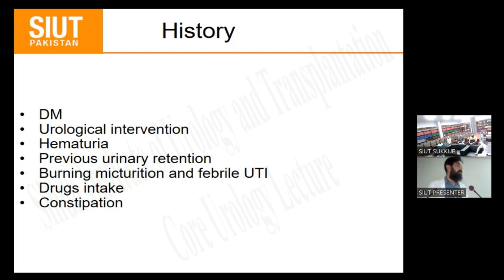The IPSS is designed to inquire about the lower urinary tract symptoms, and it is graded from 1 to 5, and how bothersome it is for the patient. What are the 7 questions that you ask this patient?